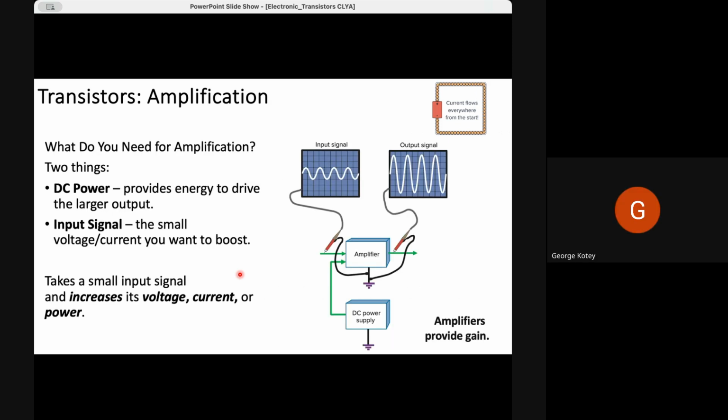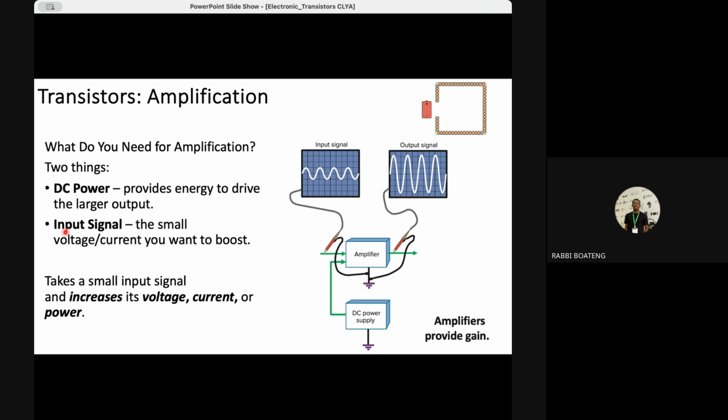So what he's trying to say is, when we're talking about amplification, we said that the amplifier needs two things: a DC power source and an input signal. A transformer can work on an input signal, but it doesn't need a DC power.